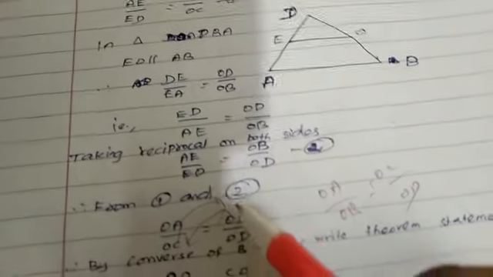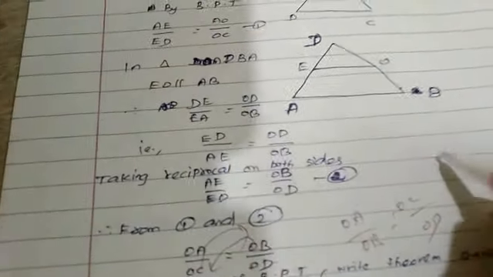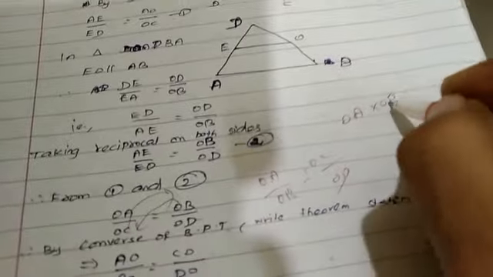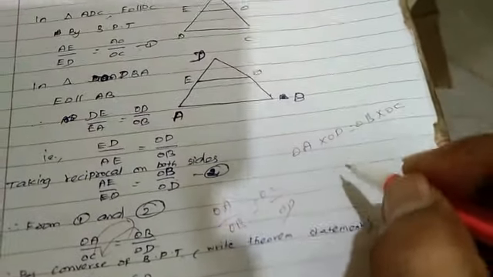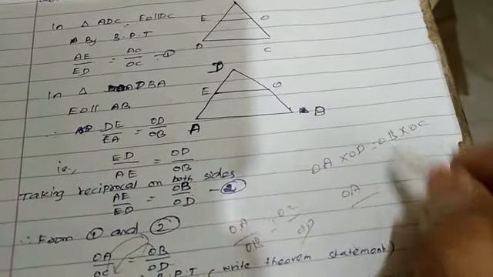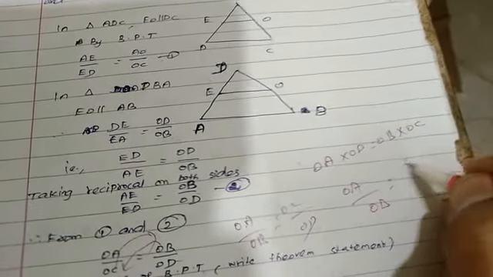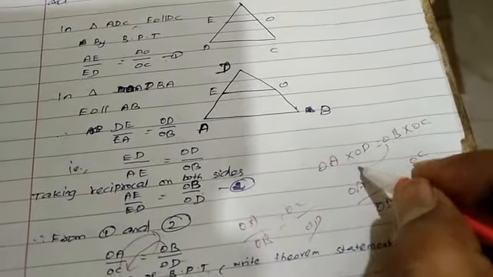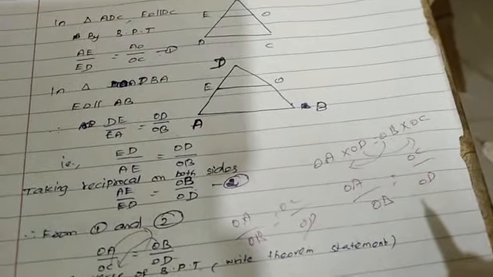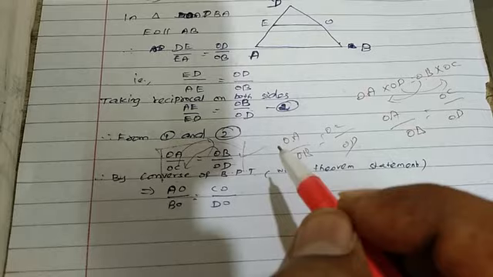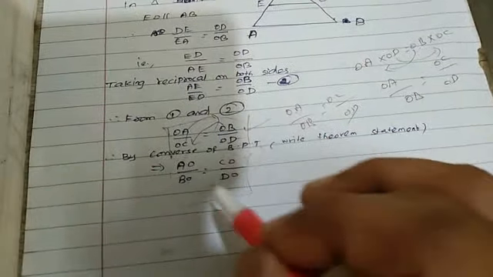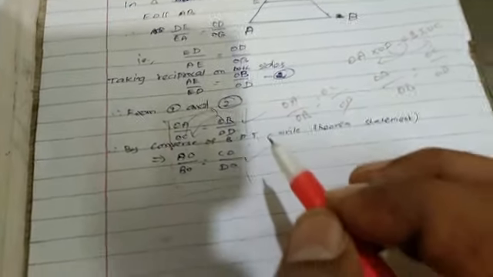Otherwise you can write OA into OD equal to OB into OC. What we need is OA divided by BO, so write OC divided by OD on the right side. If the problem is asked, stop up to this. They ask for the answer like that, so we need to write this one also.